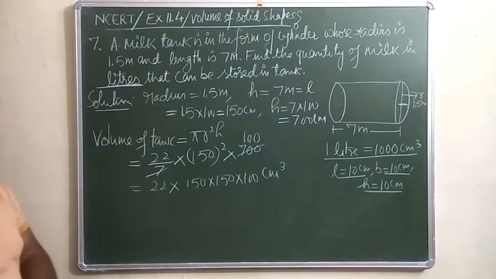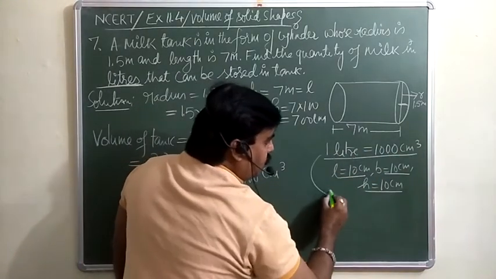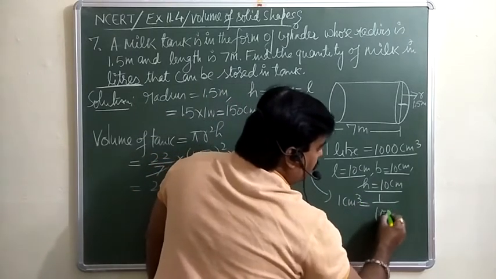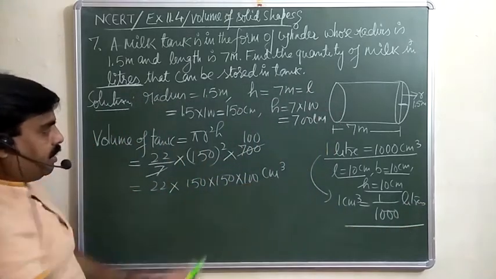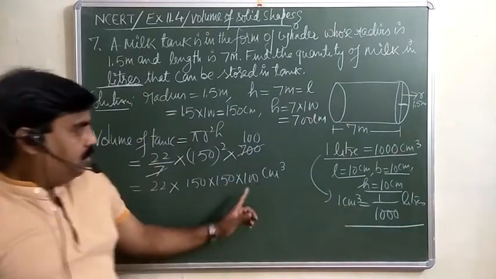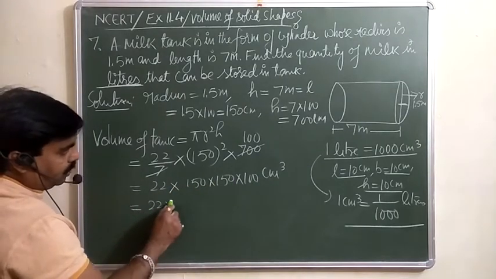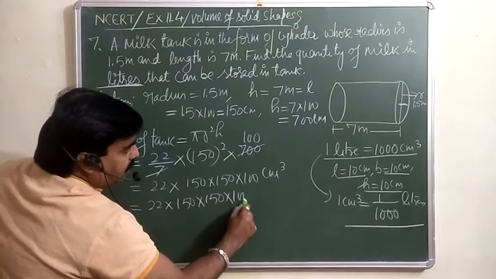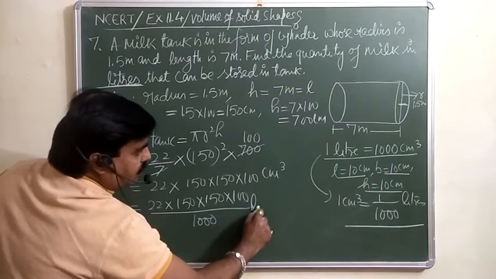But you want to change it into liters. 1 liter is equal to 1000 centimeter cube, which means 1 centimeter cube will be equal to 1 over 1000 liters. So to change centimeter cube into liters, you divide by 1000. So this is 22 into 150 into 150 into 100 over 1000 liters.